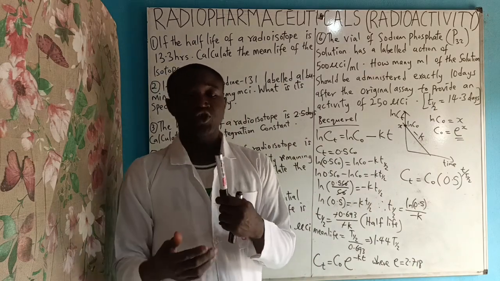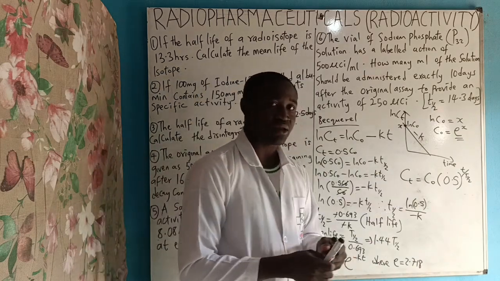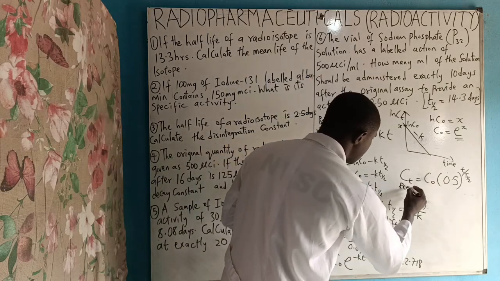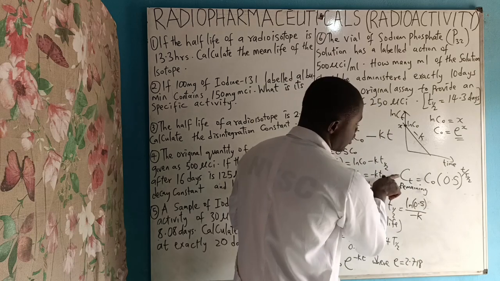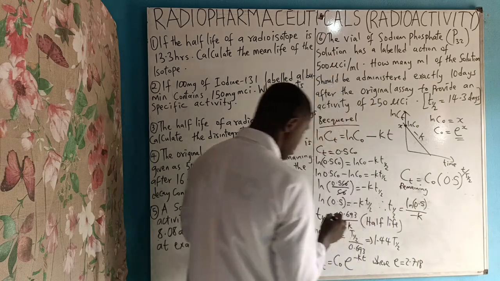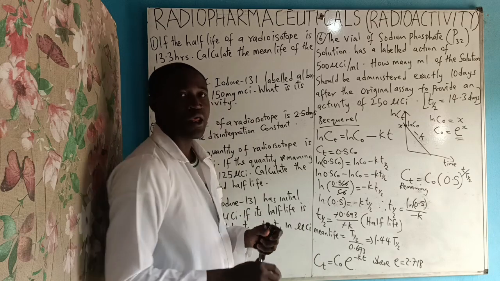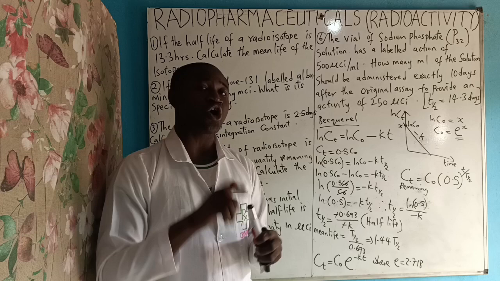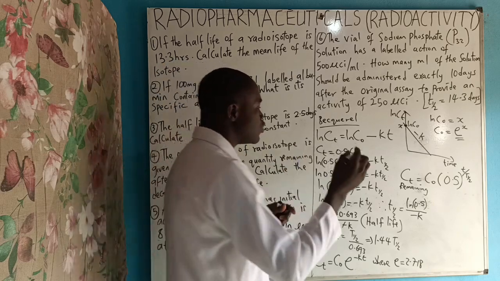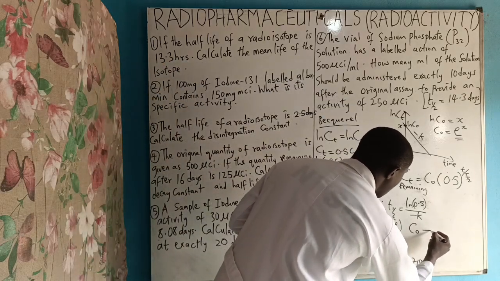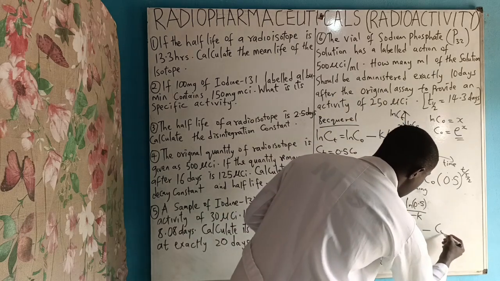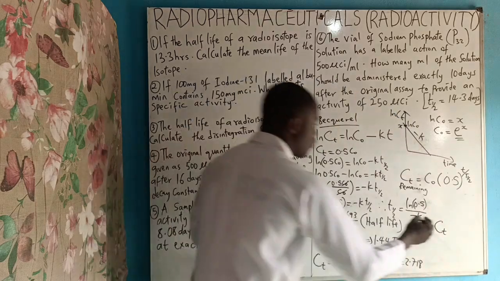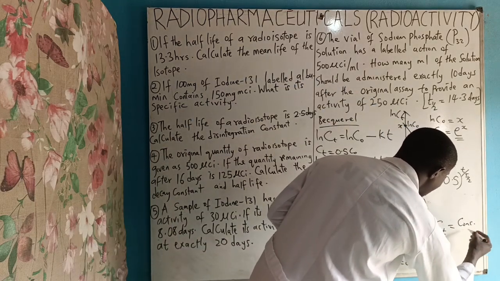So this formula is telling you the amount remaining or concentration remaining. Then if you are asked to get the value of the amount that decayed, or the concentration of that radiopharmaceutical that decayed, what you say is initial concentration, C0, minus the amount remaining, equals the concentration that decayed.